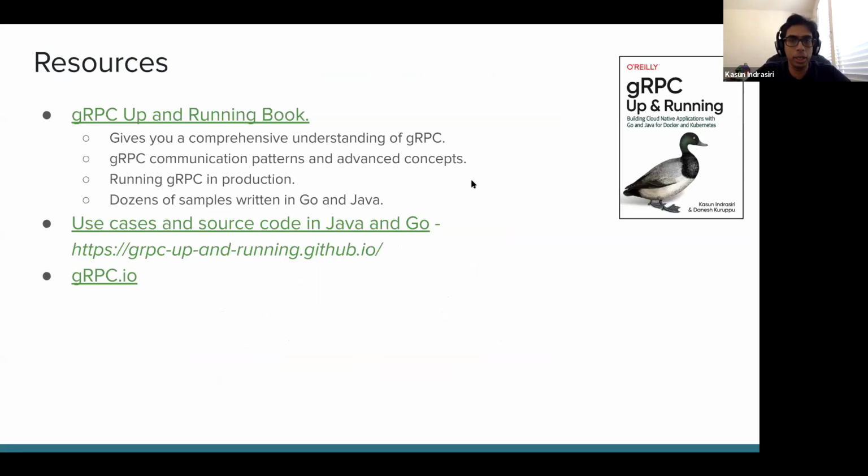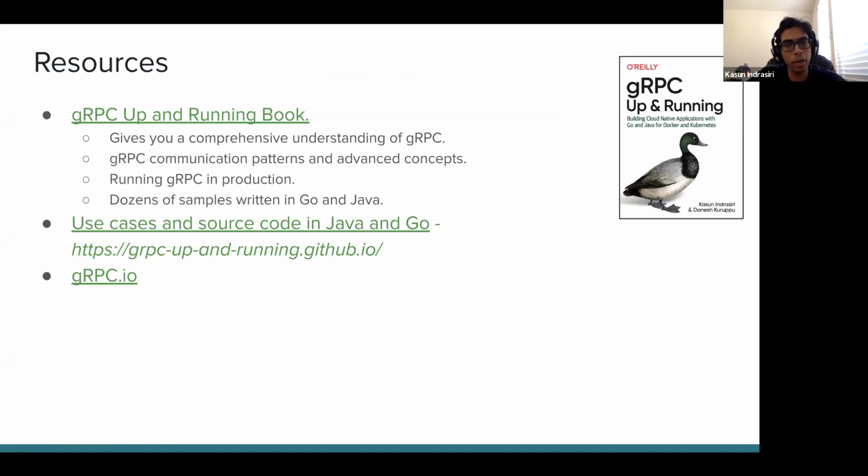In fact, most of the examples I explained today are available in this website, grpc-up-and-running.github.io. So you can find all Go and Java examples of all the different use cases I explained.